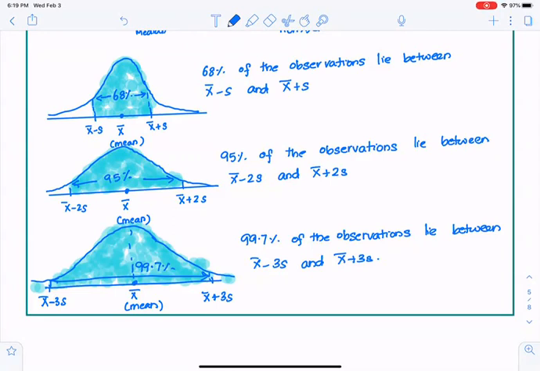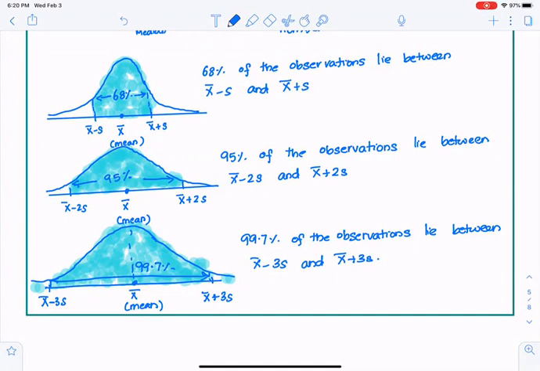One may ask, well, what if I just went from negative infinity to positive infinity? What would be the area under the curve? It'll be 100%. So if you have data like this, and even if you went 100 deviations on either side and you wanted to find the area, that area is going to be 100%.